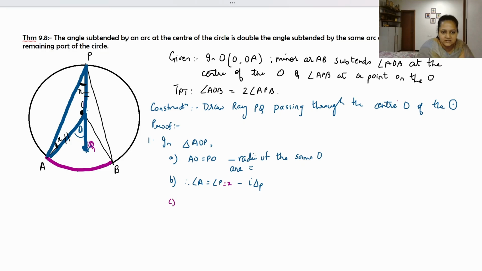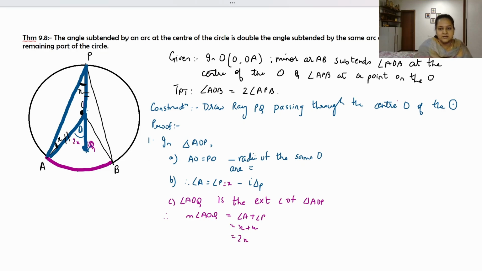Next thing that we write is angle AOQ is the exterior angle, isn't it? It is the exterior angle of triangle AOP. Therefore, measure of angle AOQ will be the sum of the remote interior angles. We just now revised it. So we'll get angle A plus angle P, which is x plus x, 2x. So let me write here 2x.